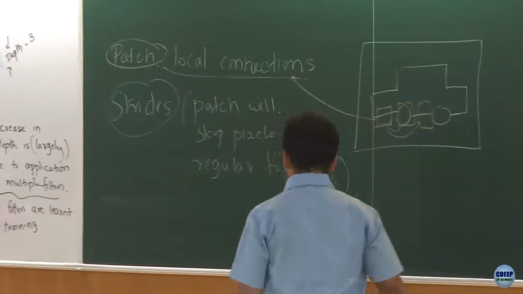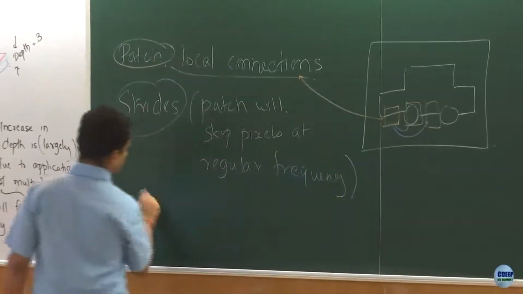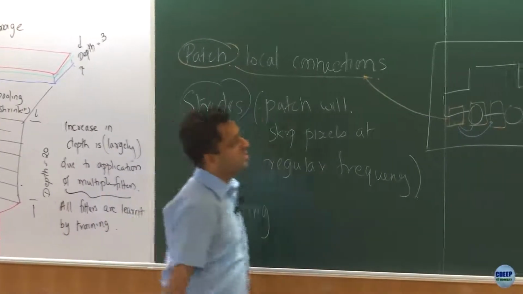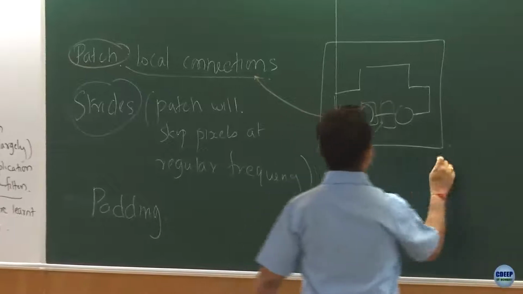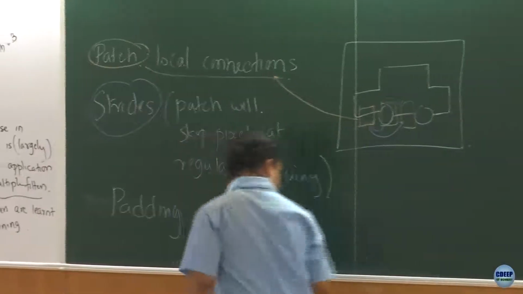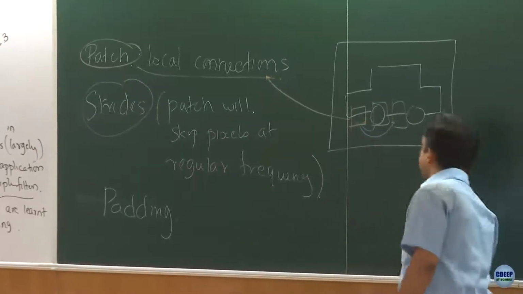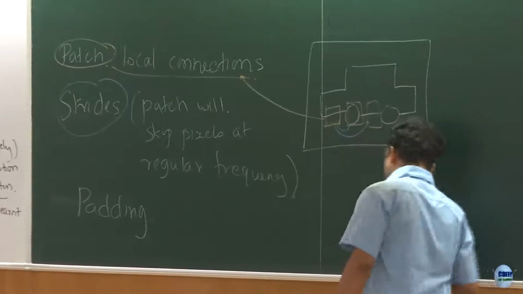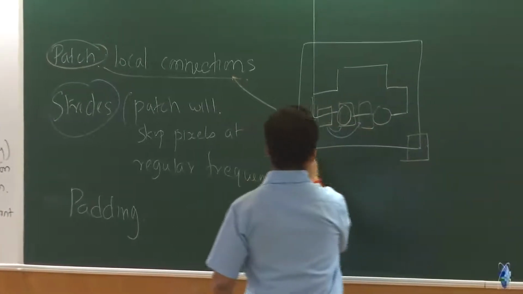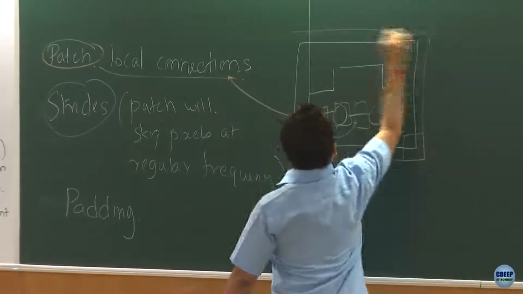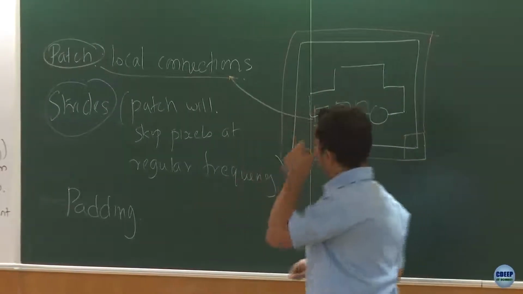Padding was largely to do with the corners, and we talked about zeroed padding, valid padding. So when this filter moves into a corner, what should you do? So padding says that, for example, zero padding.